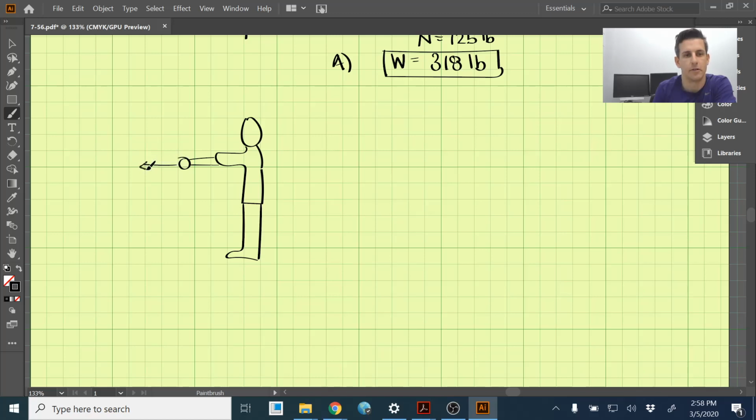So on the hands here, we still have a tension of W over 3. We have a normal force, which is going to be different than in the first case, as well as the frictional force, but it's still 0.6 times N. And we have the downward weight of the person of 200 pounds.